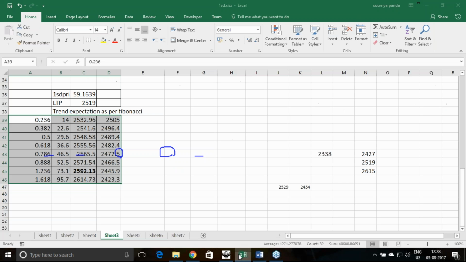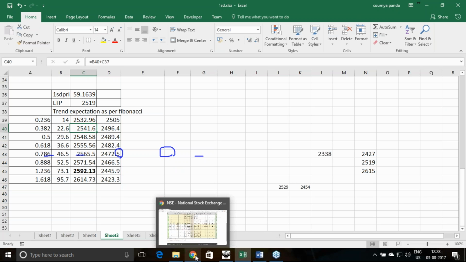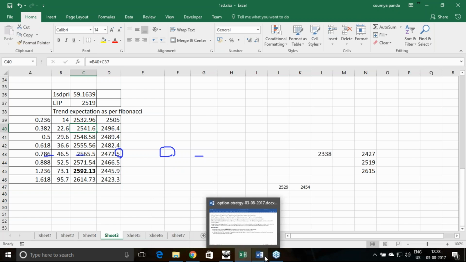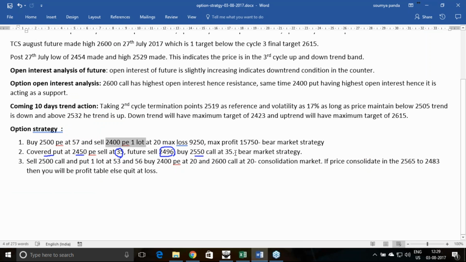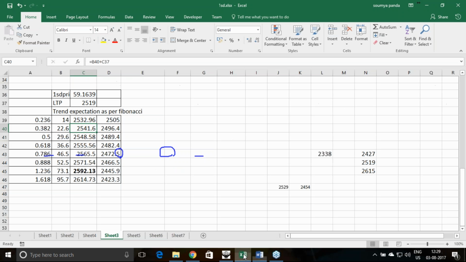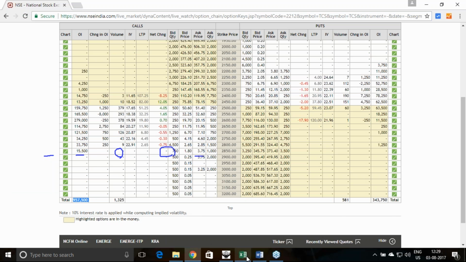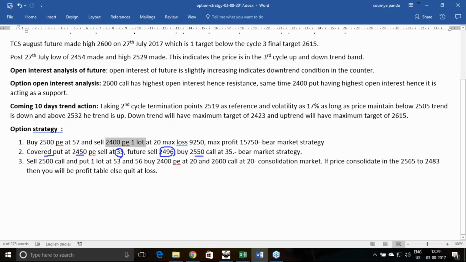My trend is changing at the 2542 level, so for that reason I am taking the nearest option. If the trend changes and it moves above 2542, I can book the loss and come out. If the trend continues till 2423, I will be at a profit and I will book the profit and come out. So this is how the covered put works.